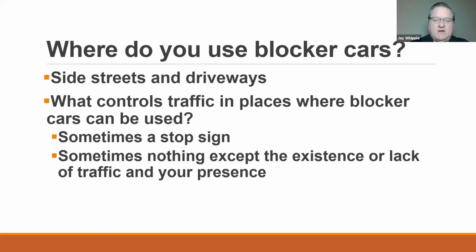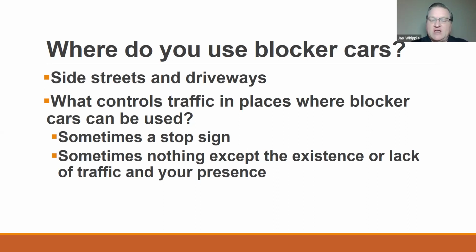So like I mentioned a second ago, what controls traffic in places where blocker cars can be used? Sometimes it's a stop sign. A lot of times when you have a small residential street that feeds into those big, huge major streets, there's a stop sign there for the car on the small street.